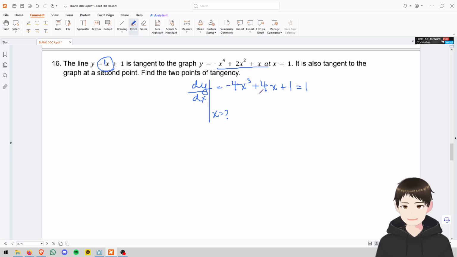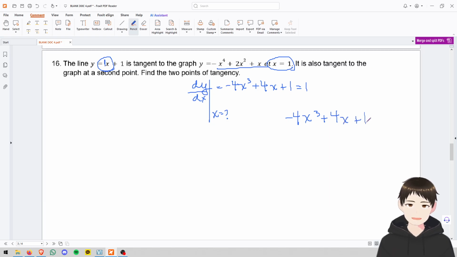Okay, so let's figure it out. One of the x's that I find should be 1, and I should find a second point. Here we go. Let me take this and rewrite it. Negative 4x cubed plus 4x plus 1 equals 1, which means negative 4x cubed plus 4x equals 0.